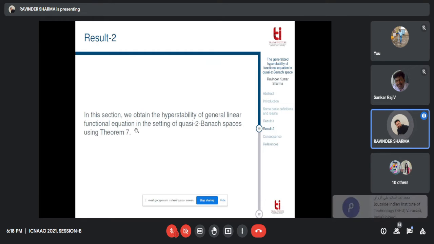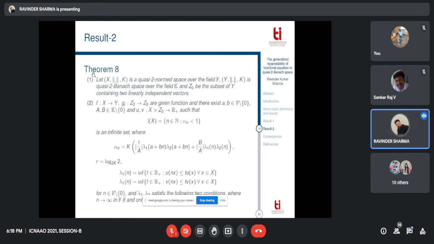Now, in this section, we obtained hyperstability of the general linear functional equation in the setting of quasi-two-Banach space using theorem 7, which is my result 2 and main result. Let X be a quasi-two-norm space over the field F, and Y a quasi-two-Banach space over the field K, and Z0 be the subset of Y containing two linearly independent vectors.